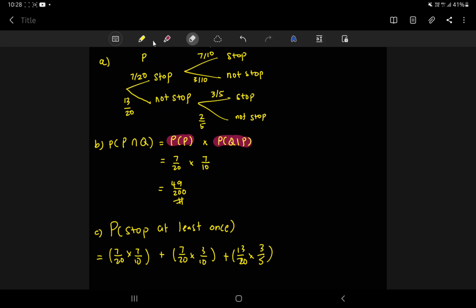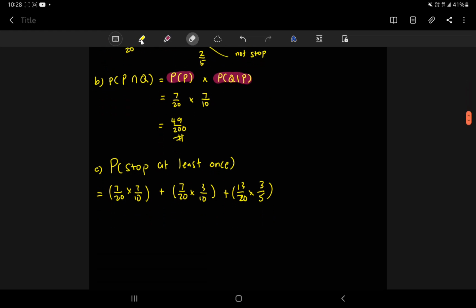The last branch, not stopping at P and Q, is not considered because it does not satisfy our question, so you don't have to include that. When you calculate the value of this operation, you will get 37/50.